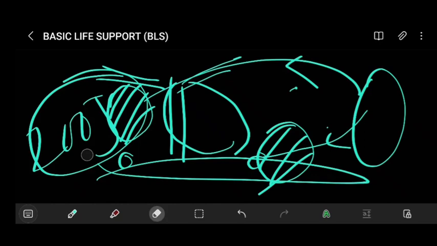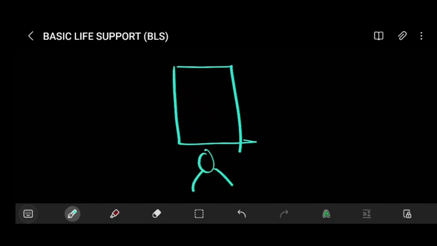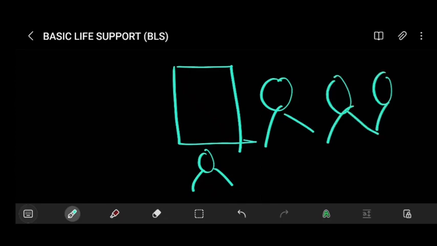Now you are a doctor in your ICU, and what should your position be? Suppose this is the bed of the patient. You are the team leader, and here will be the persons who give the CPR to the patient.